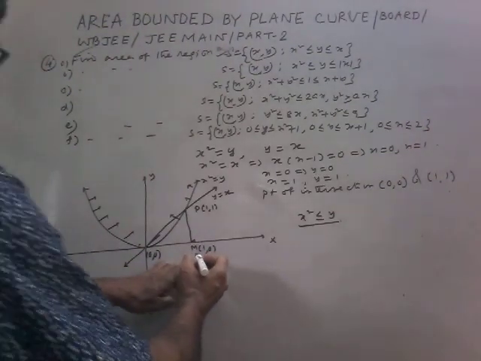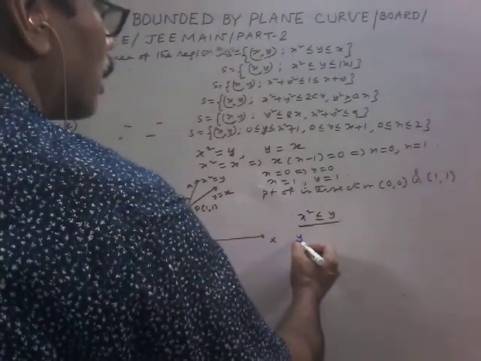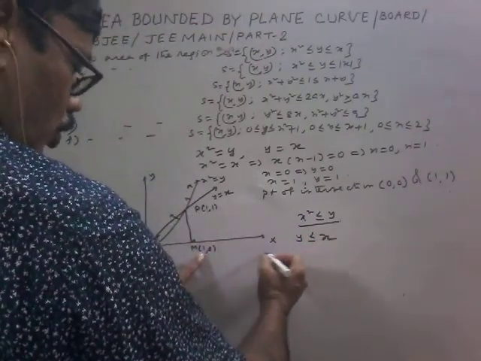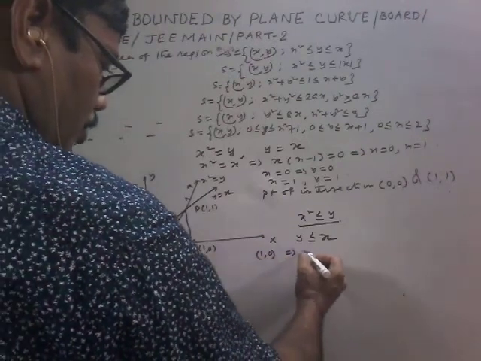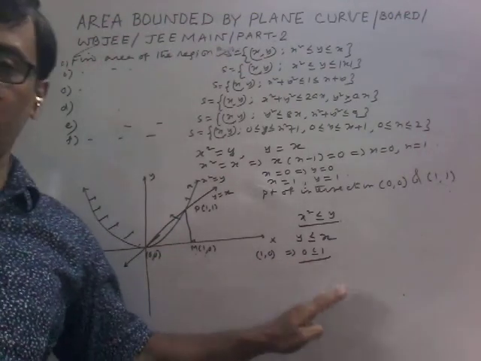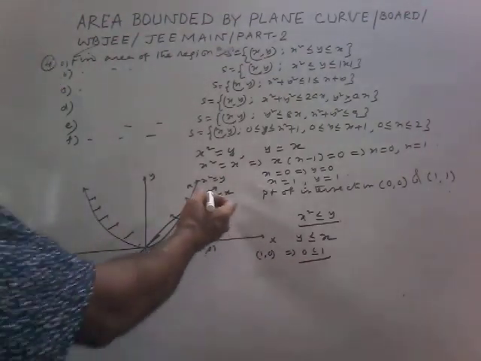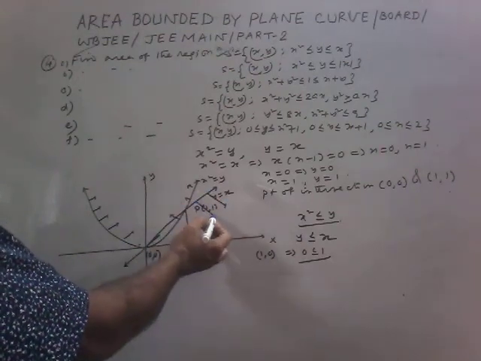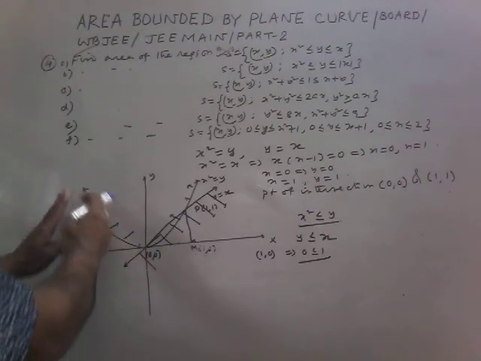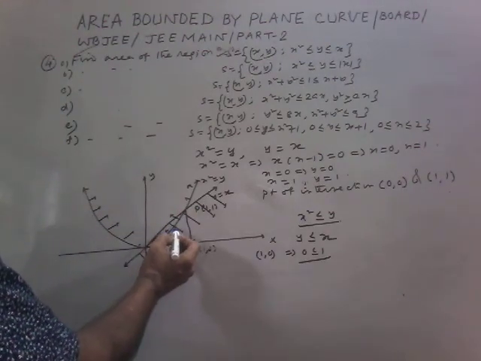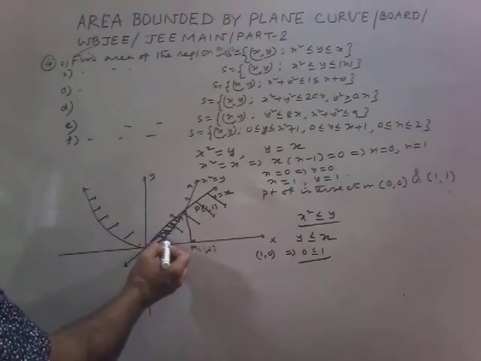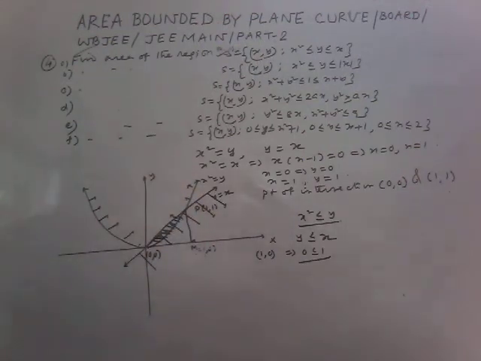If we consider (1, 0) in y less than or equal to x, 0 less than 1 is true. So y less than or equal to x means the right of this line. Now what is the common area? Inside the parabola and right of this line, so this segment.